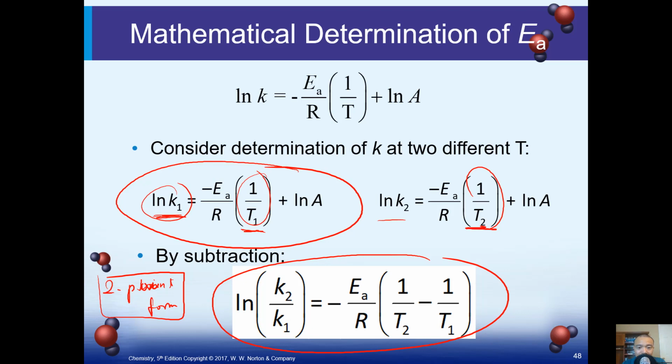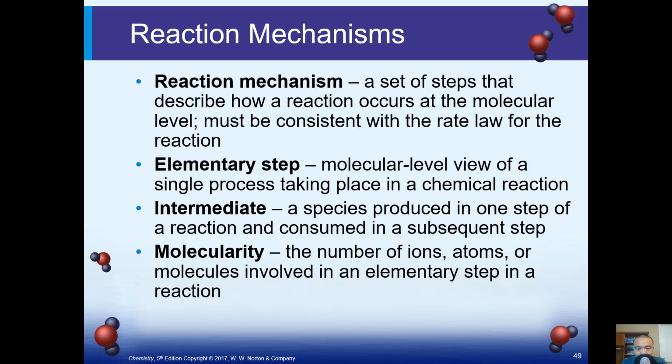Please check it out. So far, we have examined how the rate law defines the relationship between reaction rate and the concentration of reactants. We have also discussed how the rate law can be determined experimentally and how the value of the rate constant can provide insight into important parameters related to the reaction, such as the activation energy.